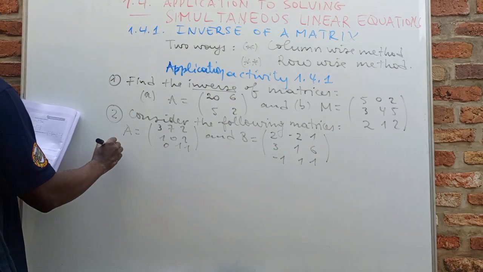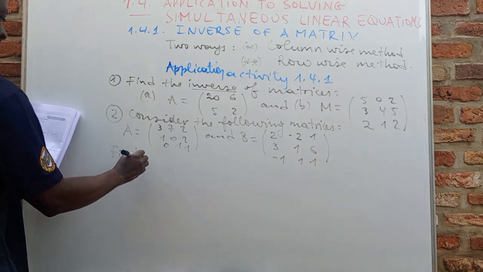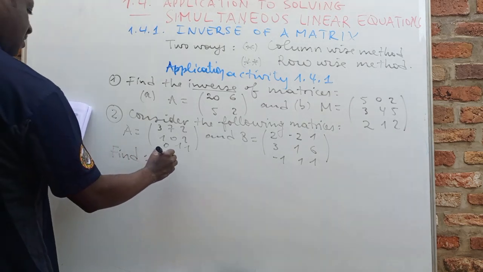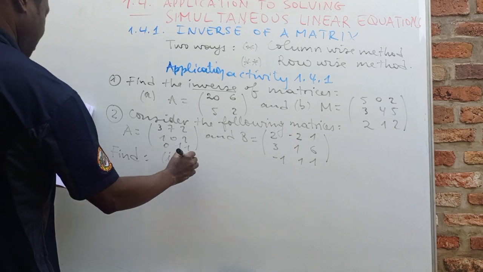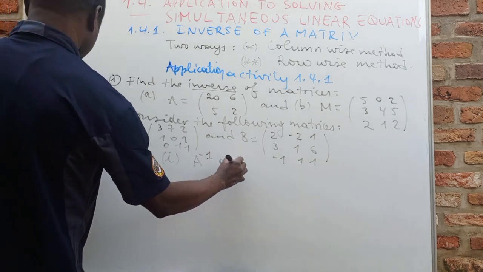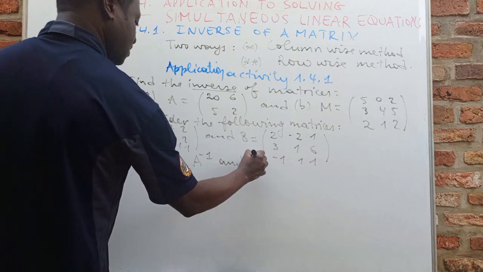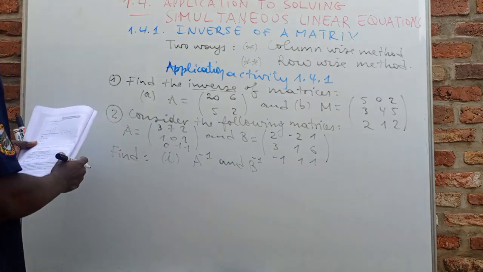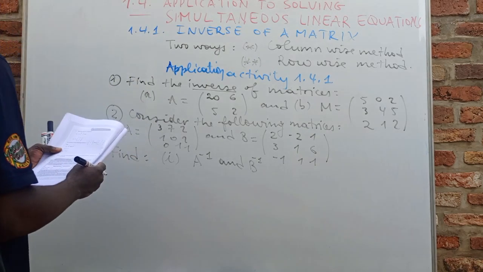From these two matrices, find first the inverse of the first matrix A and the inverse of the second matrix B.